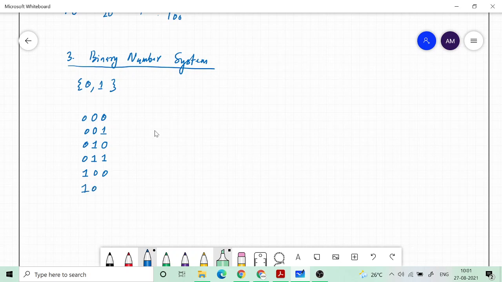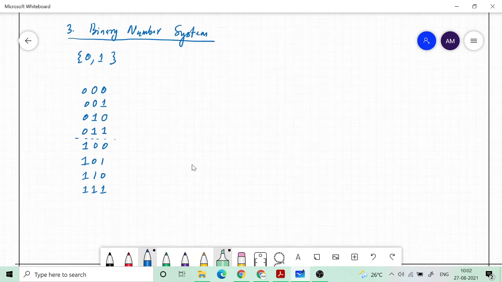And then you go just like before, 1, 1 0, and then 1 1 1. So this is all that is possible. There are 8 combinations now, right? This is the first 4, and this is the second 4. So this is all possible with just 3 digits.